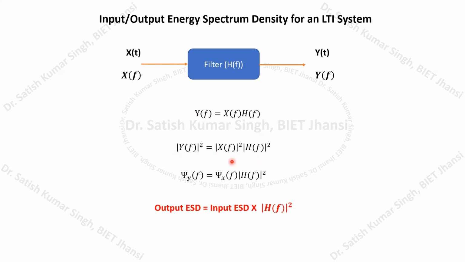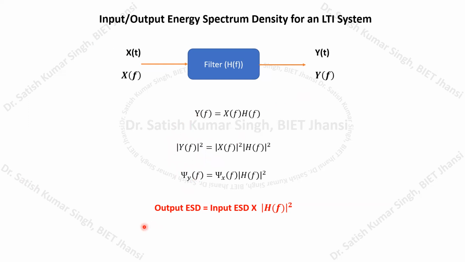Normally mod of X(f) whole square gives you the energy spectral density function of the input, the input ESD. And mod of Y(f) whole square gives you the energy spectral density function of the output.